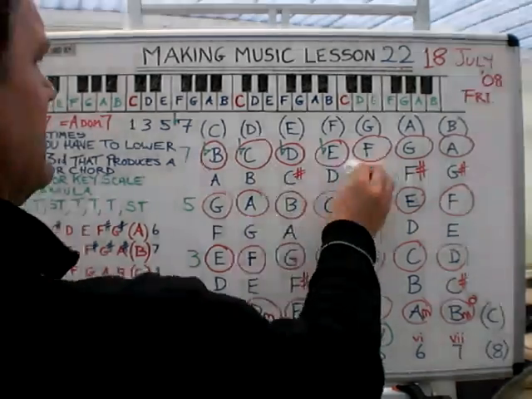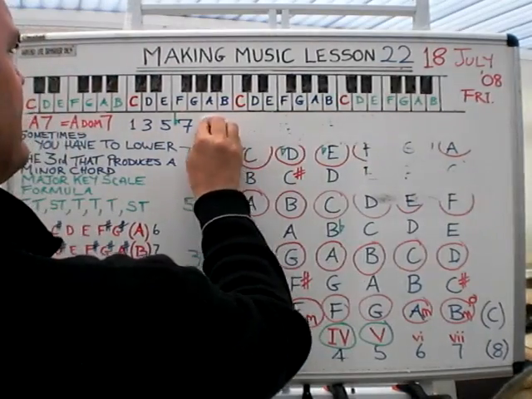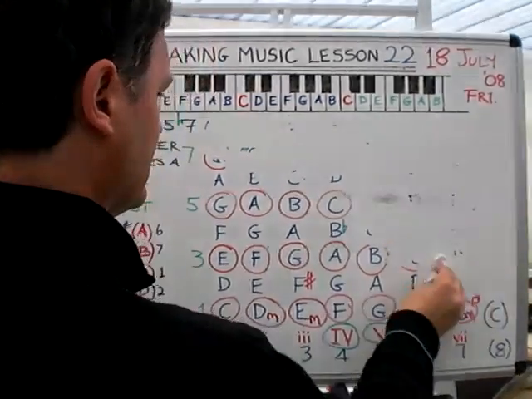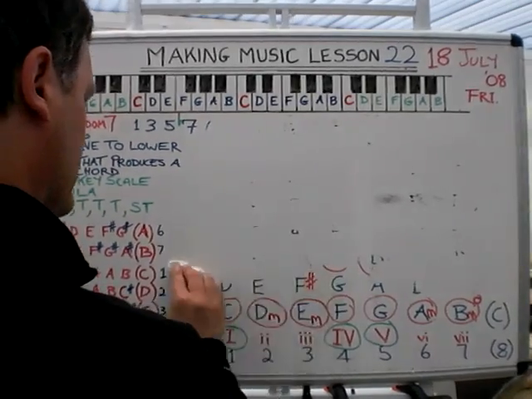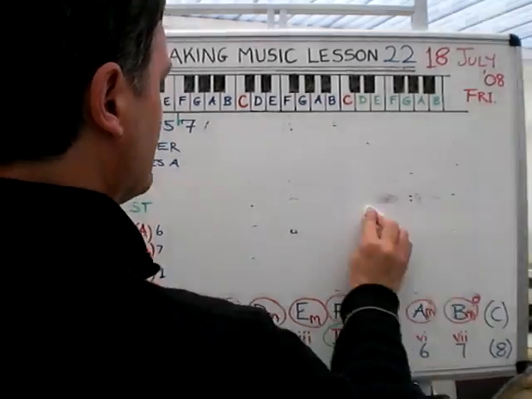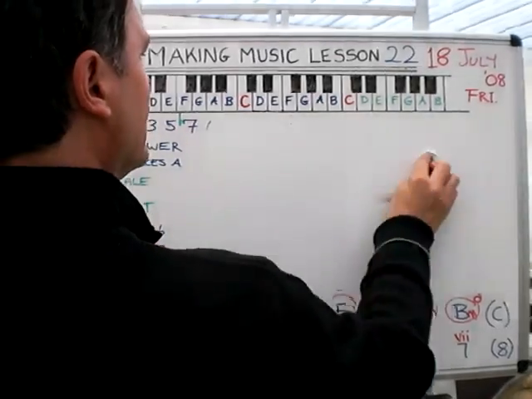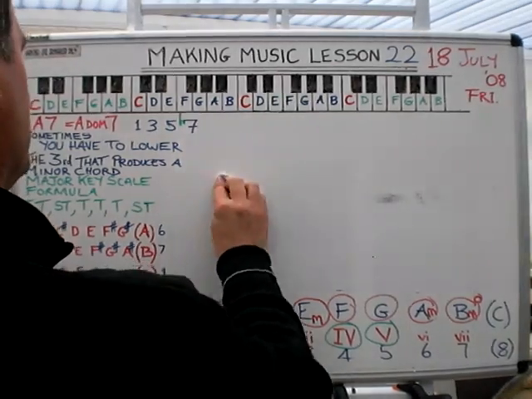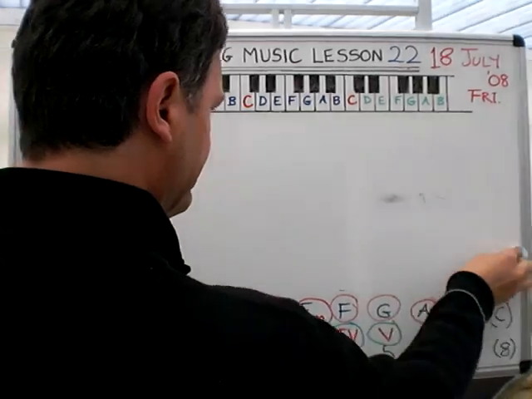I'm going to draw in 12 positions of the circle of fifths. It's a quick way, rather than doing this tone, tone, semitone, tone, tone, tone, semitone for the major, we can look at a different way of remembering it.